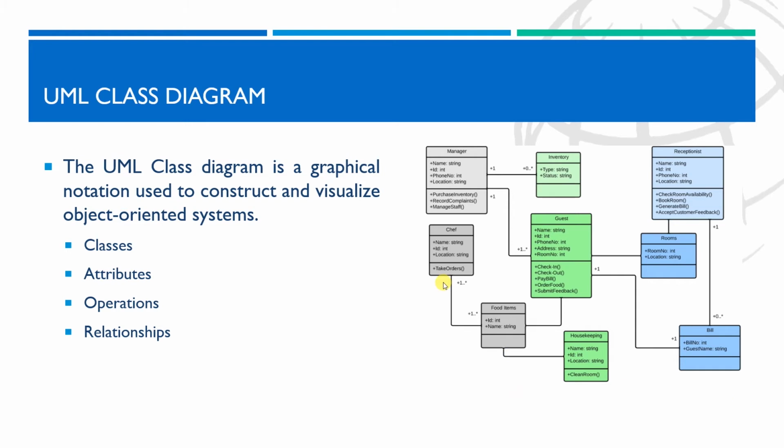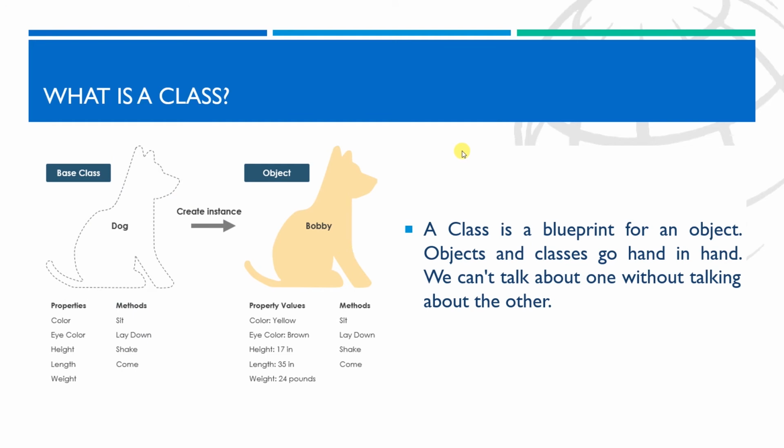And we are refreshing, looking again at what a class is. A class is a blueprint for an object. Objects and classes go hand in hand, and we can't talk about one without talking about the other.